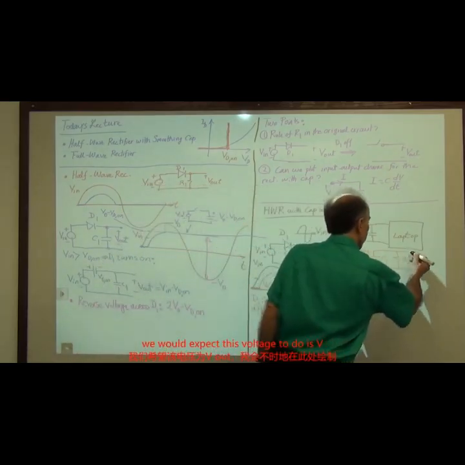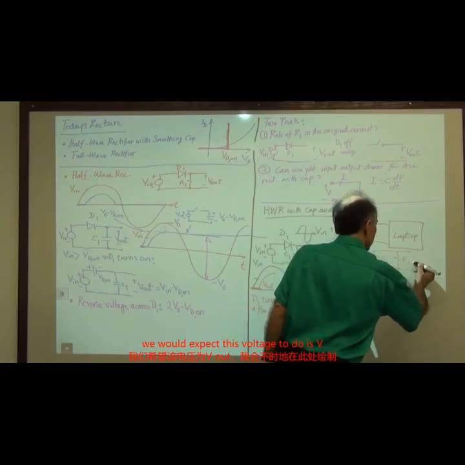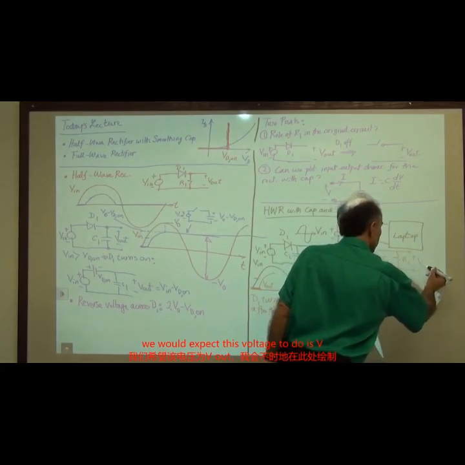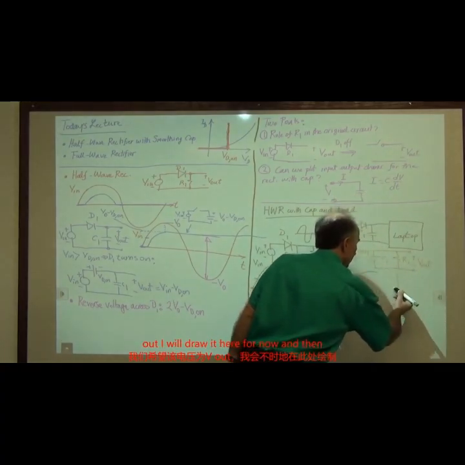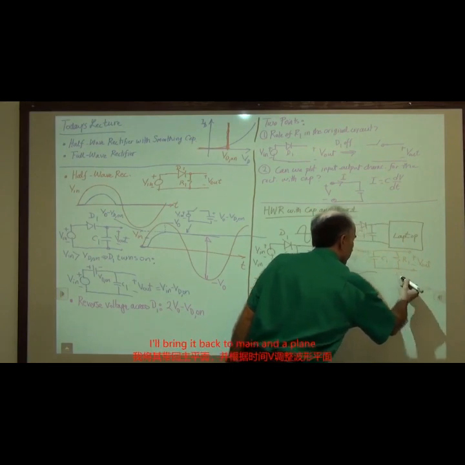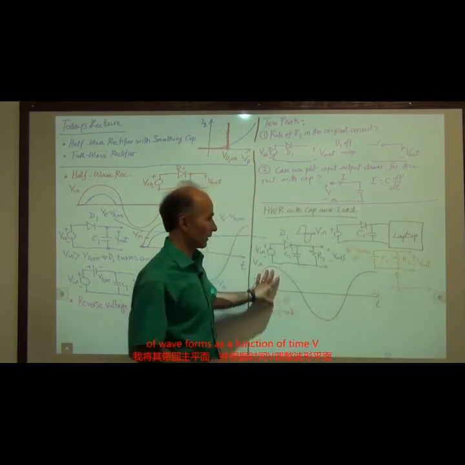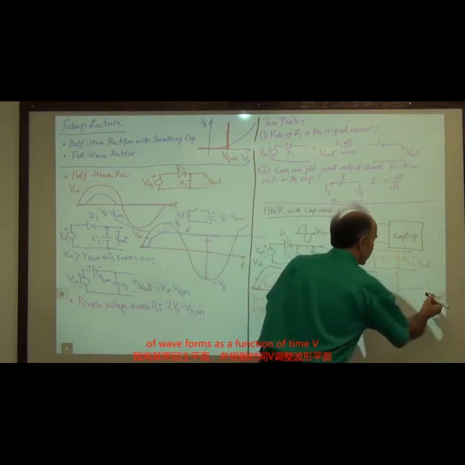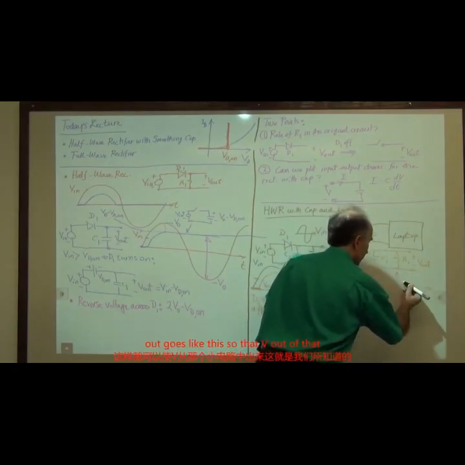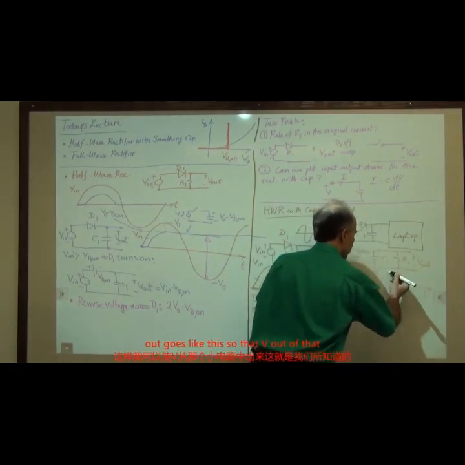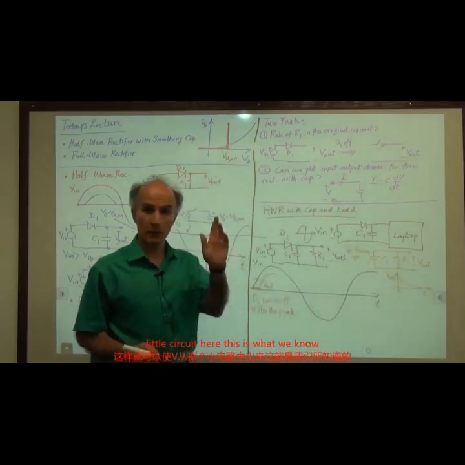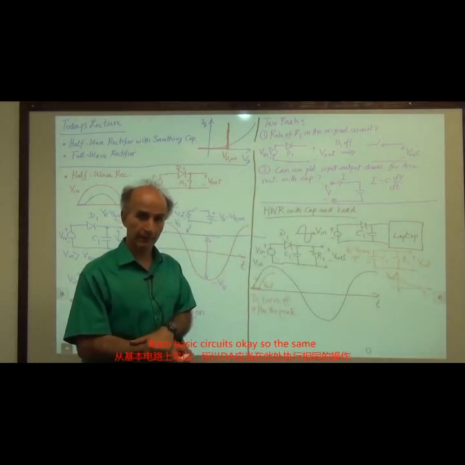So what we would expect this voltage to do is V out. I will draw it here for now, and then I'll bring it back to the main plane of waveforms. As a function of time, V out goes like this. So that's V out of that little circuit here. This is what we know from basic circuits.